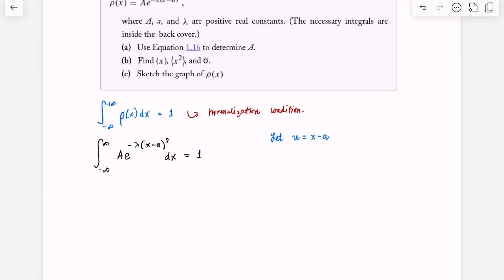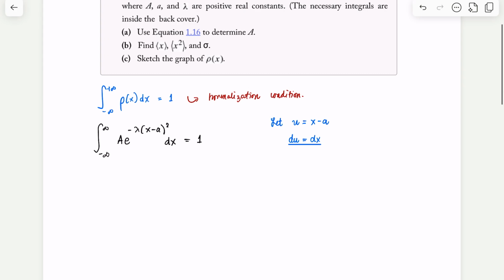That means the derivative of u will simply be dx, because the derivative of a constant is just 0. So we have established that du is equal to dx. And also, always remember that since you are changing variables, the limits should also be changed. It's very easy to do. When x is negative infinity, the lower limit, what happens to the value of u?